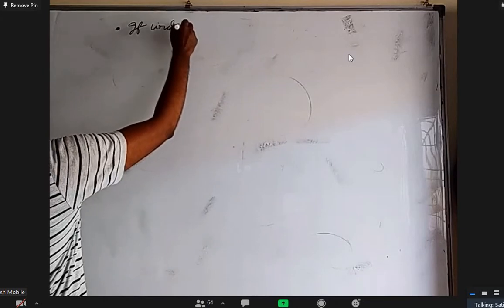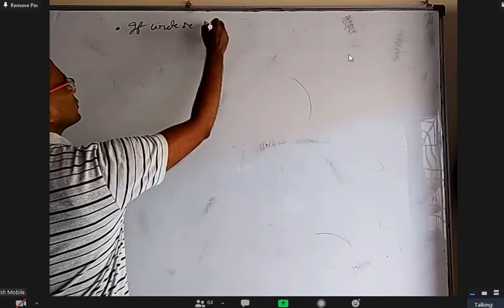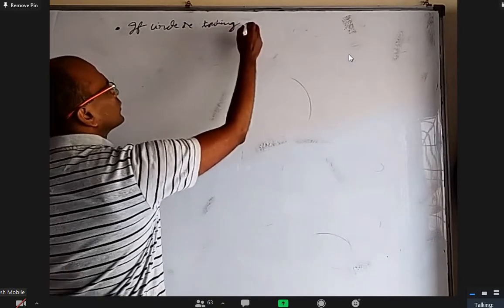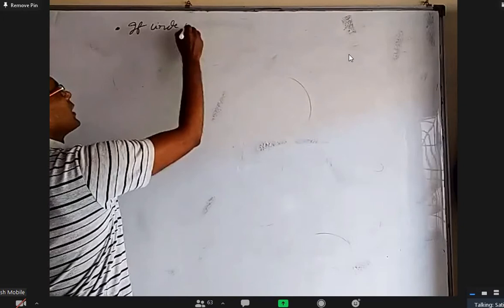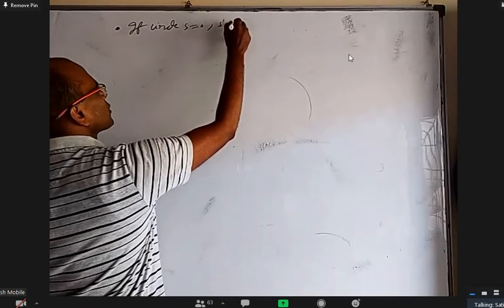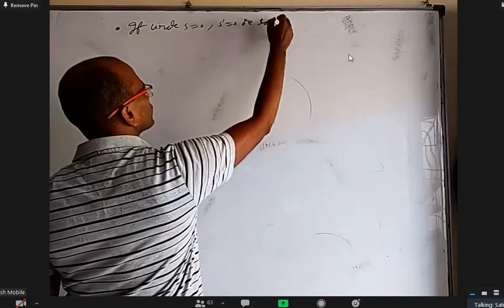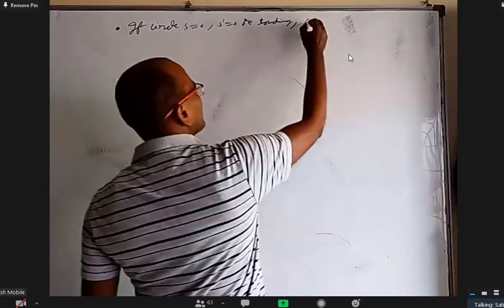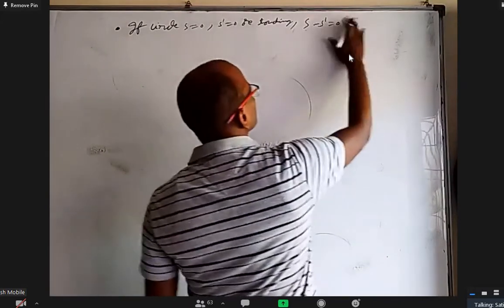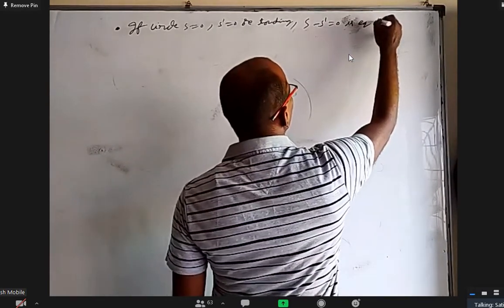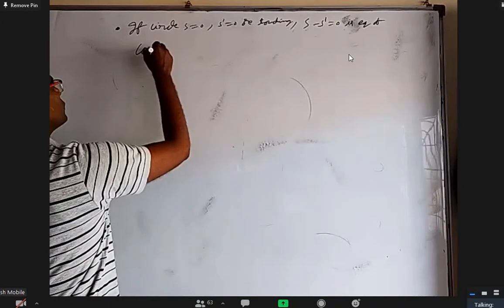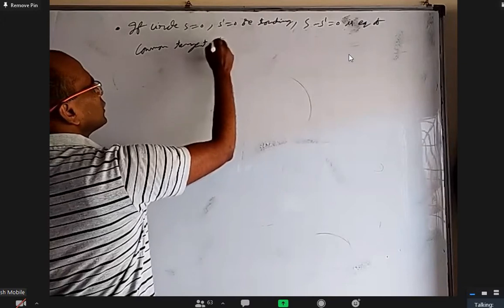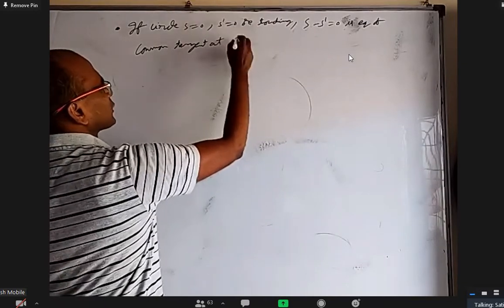If circles S equal to 0, S dash equal to 0 are touching, internally or externally doesn't matter, S minus S dash equal to 0 is the equation of the common tangent at the common point, at the point of contact.